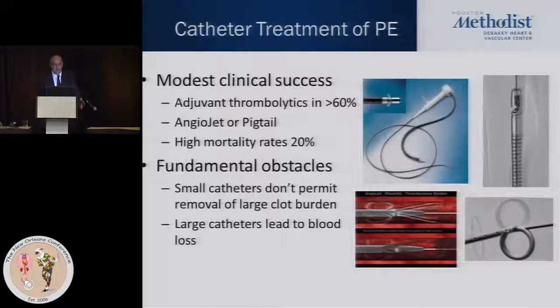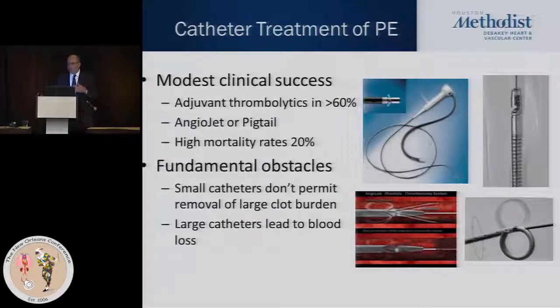to the cath lab. Catheter treatment of pulmonary embolism, which is achieved primarily by three main means now. One is the AngioJet, the other is the EKOS catheter, which is an ultrasound catheter, which has an ultrasound tip that helps to break up the clot, and the other is a pigtail. These have had modest clinical success.